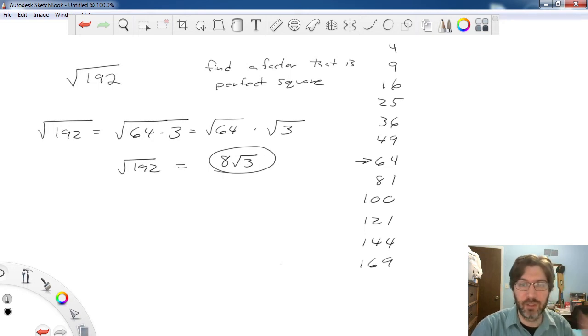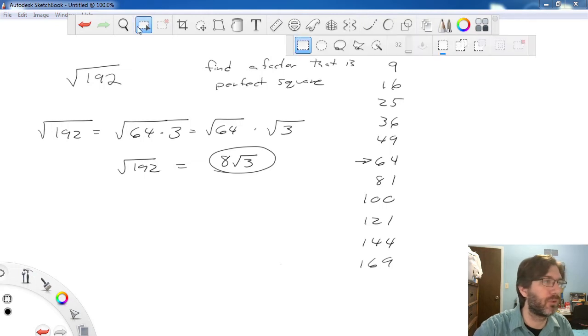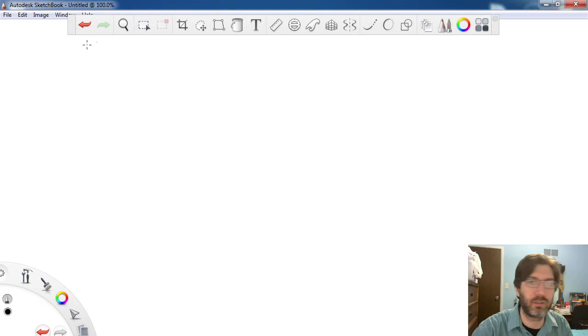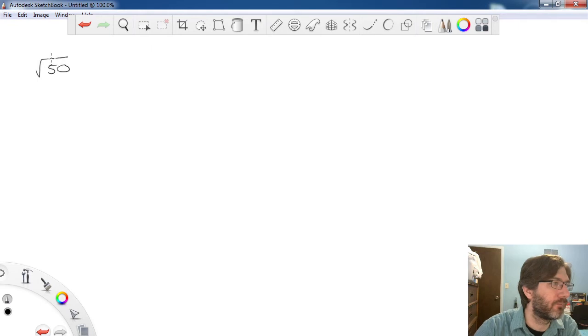And I think I got another couple examples here. If you're following along in the slideshow, it's really not that well formatted because it's hard to get the square root in there. But let's look at the square root of 50, right? We want to find a perfect square that divides 50. And you should be thinking 25, because I know 25 is a perfect square and there are two 25s in there.